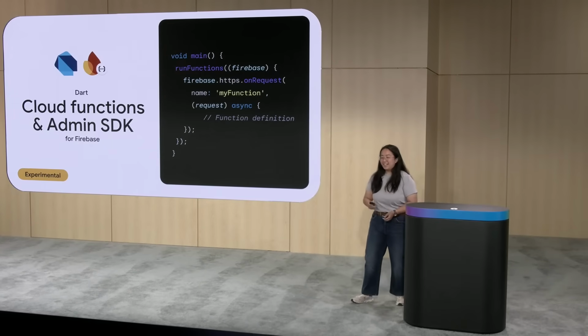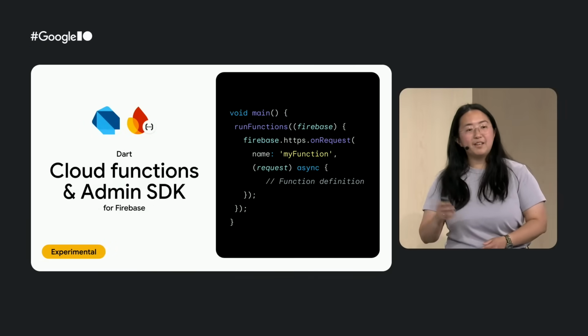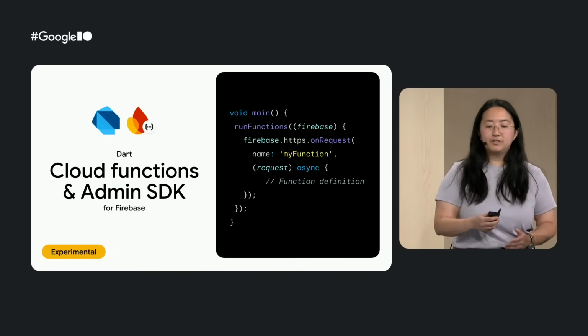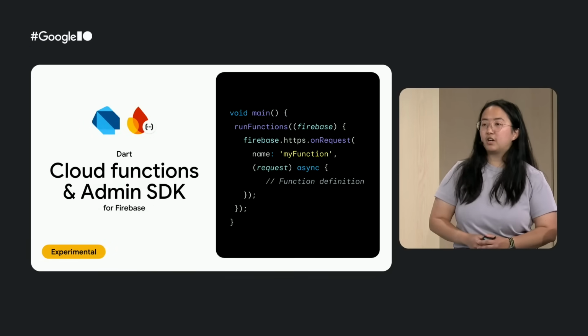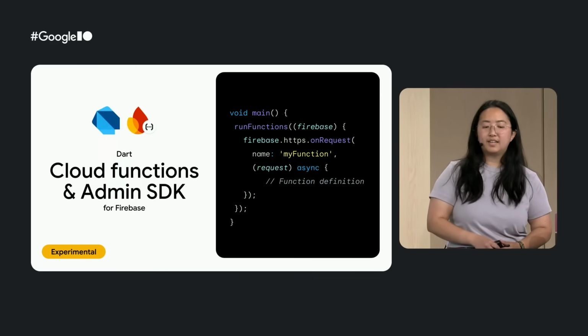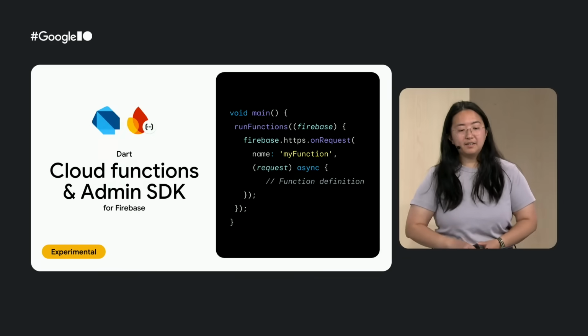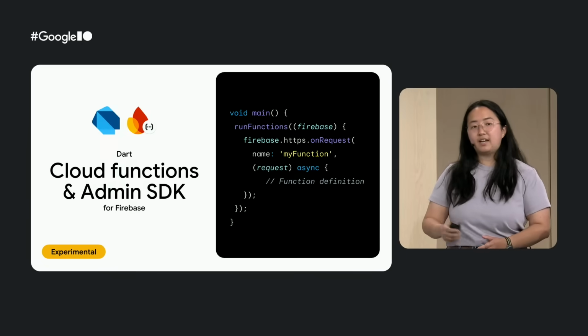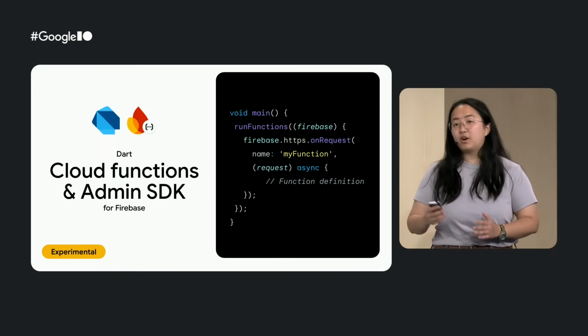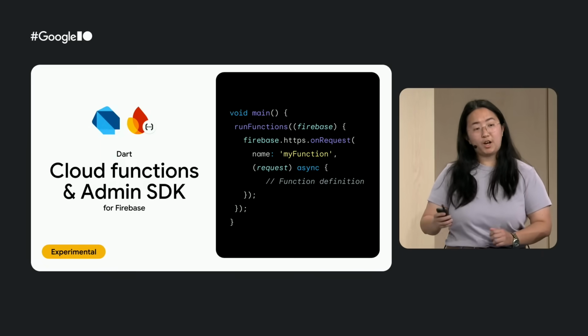You can now write HTTP and callable functions in pure Dart. Dart uses AOT compilation, so we're seeing cold start times as low as 10 milliseconds when using Dart with Cloud Functions. In addition to that, the Dart Admin SDK now gives you access to Firebase services from privileged environments on the server.